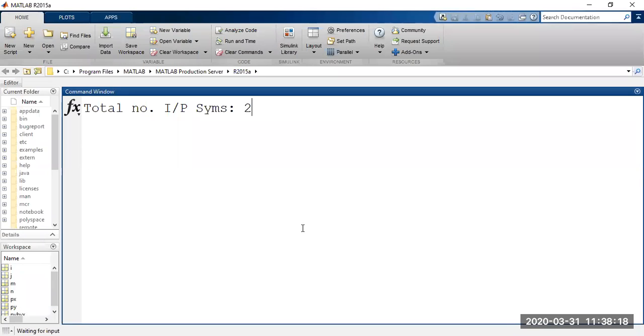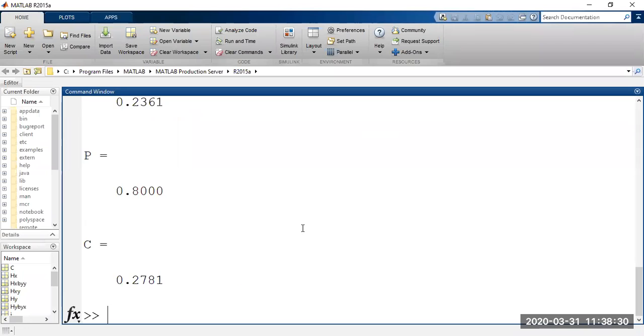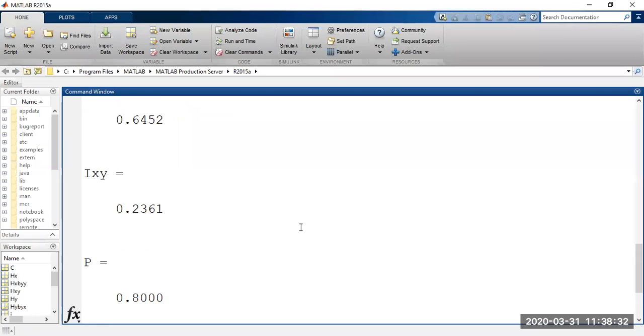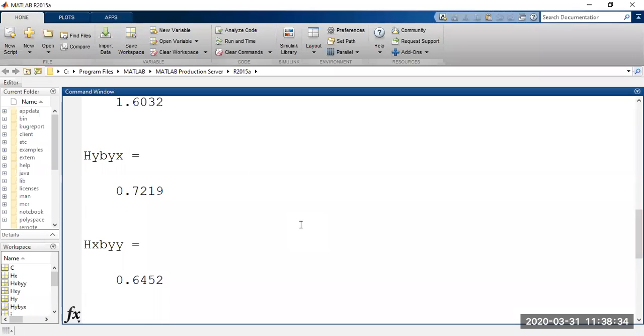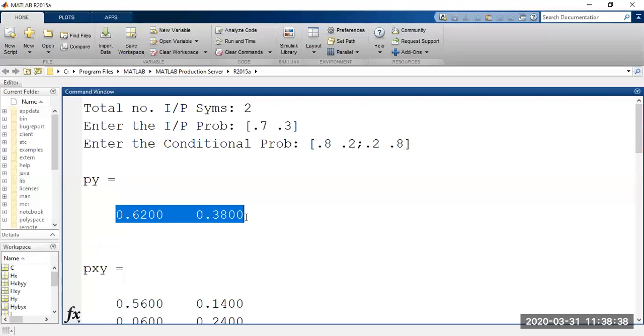Total number of input symbols are 2. So enter the probabilities 0.7, 0.3. Conditional probabilities are 0.8, 0.2, then 0.2, 0.8. Now see. So P of Y is 0.62, 0.38.